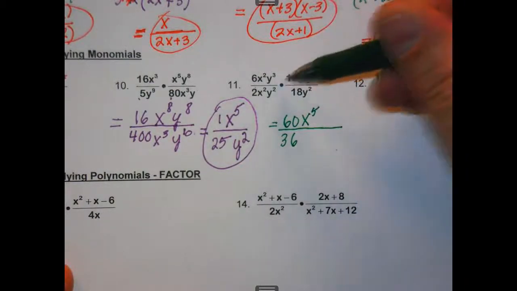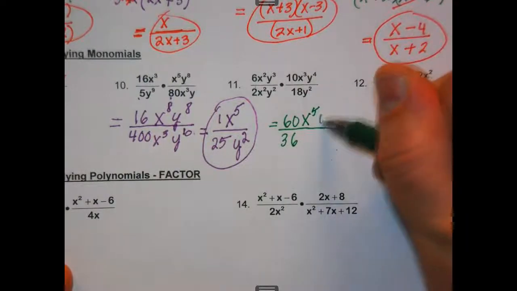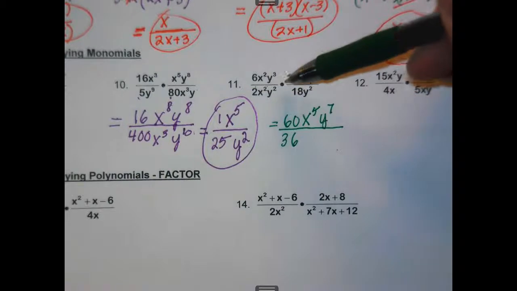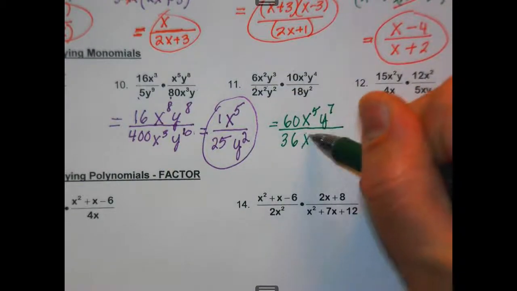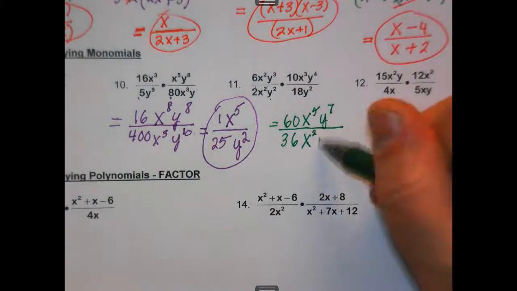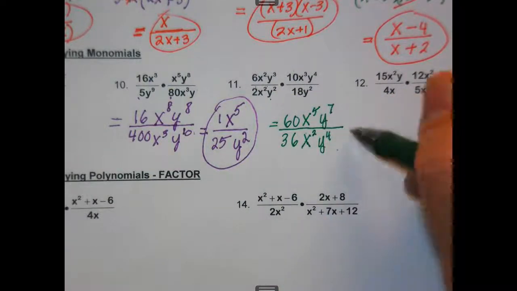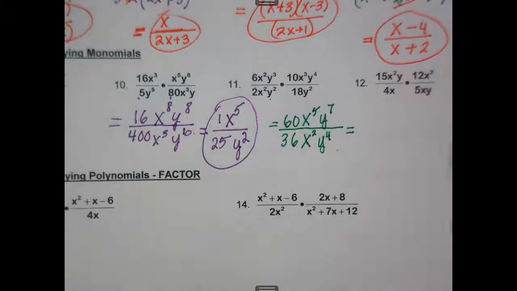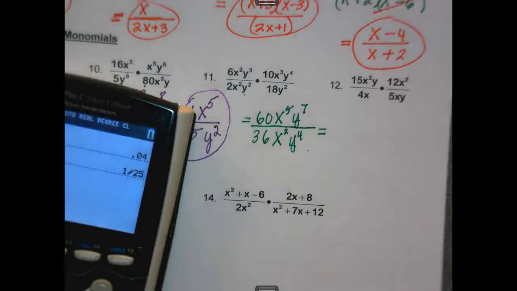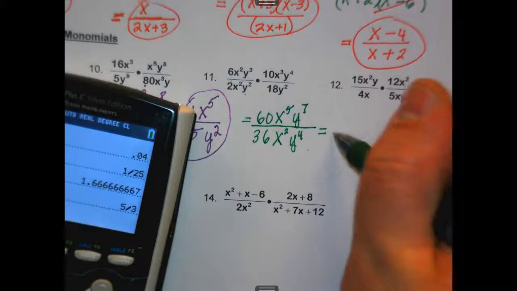Y cubed times y to the fourth, y to the seventh. X squared, well, that's all. Y to the fourth. Okay, 6036. 5/3.